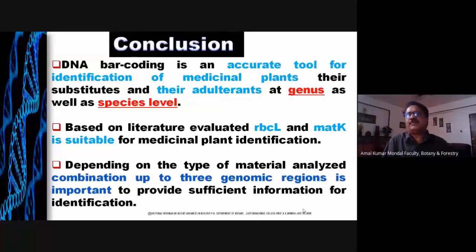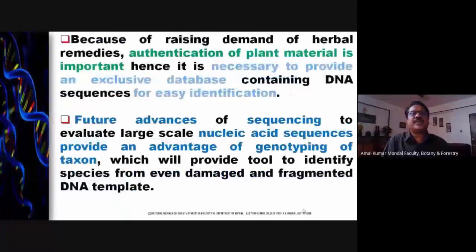Depending on the type of material analyzed, a combination of up to 3 genomic regions is important to provide sufficient information for identification. Because of the rising demand for herbal remedies, authentication of plant material is important. Hence, it is necessary to provide an exclusive database containing DNA sequences for easy identification.